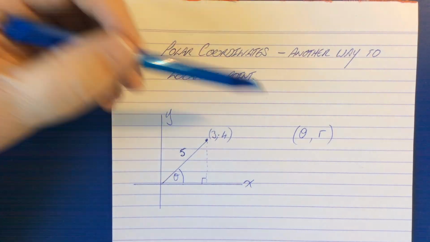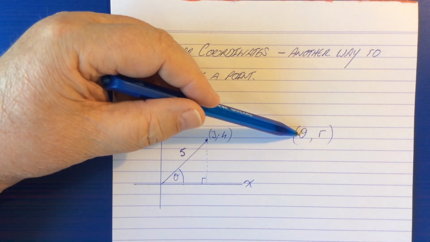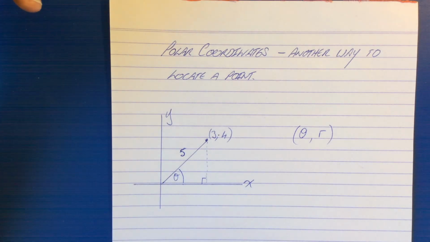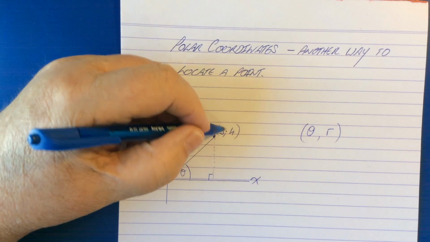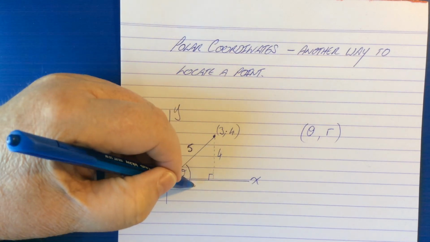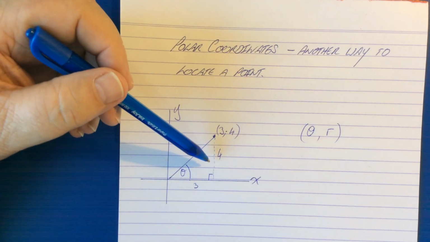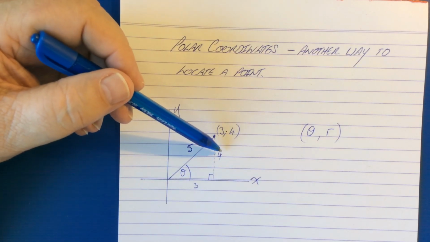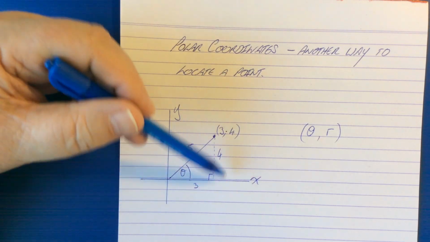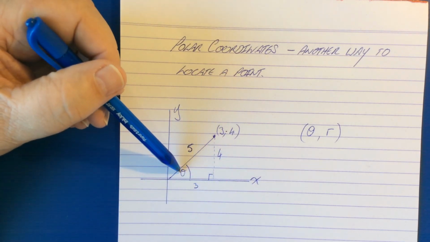We can then use trigonometry to calculate this value. So, what do we know? Well, we know that this is 4 and this is 3. And so we can use any of the various trigonometric ratios to calculate this angle.